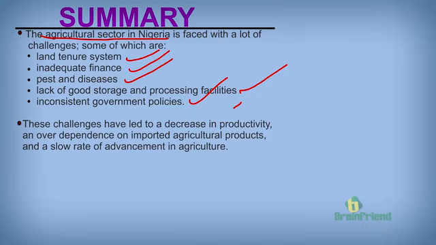These challenges faced by the Nigerian agricultural sector have led to a decrease in productivity and an overdependence on imported agricultural products. All of this has slowed down the rate of advancement in agriculture.